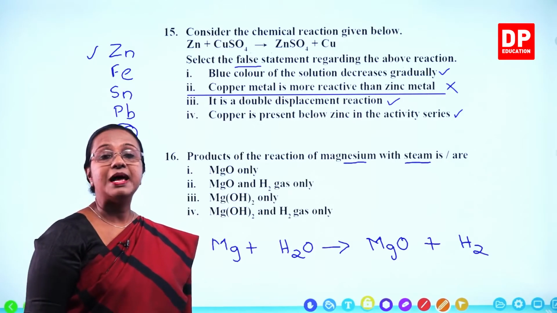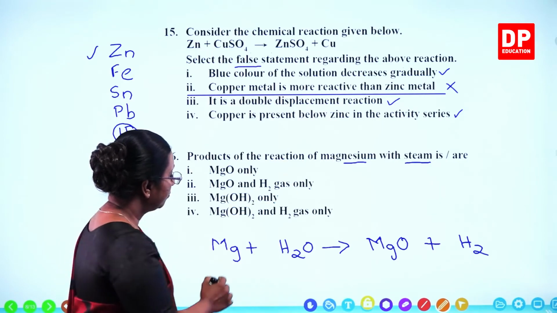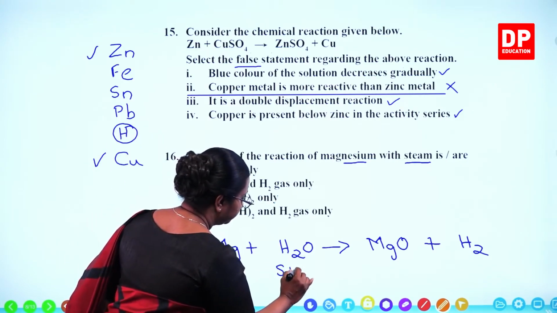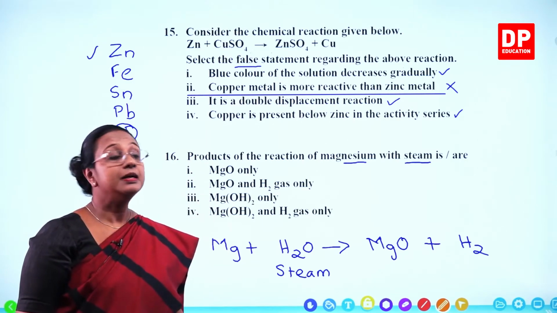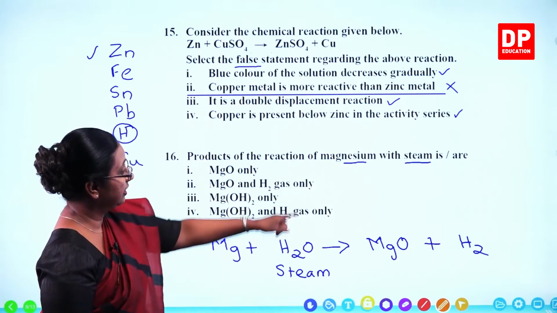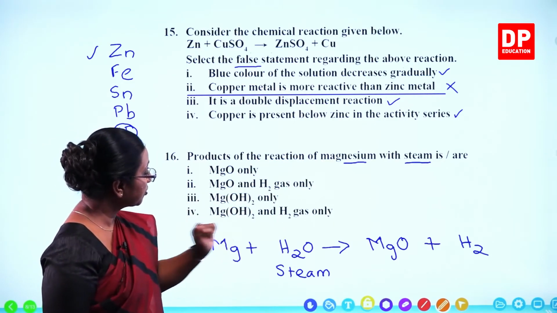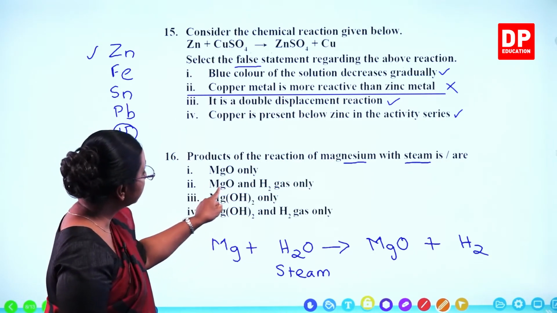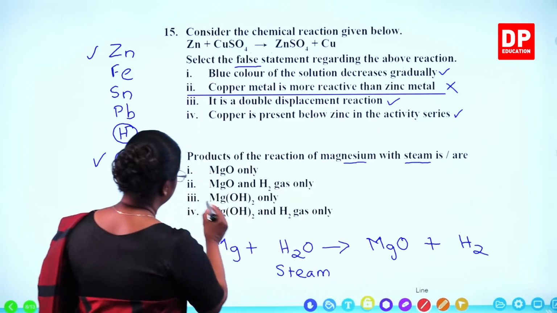That is the balanced chemical equation for the reaction of magnesium with steam. So then, if we look at the answers, magnesium oxide only, they want you to write the products. Magnesium oxide only? No. Magnesium oxide and H2 only, that is correct.